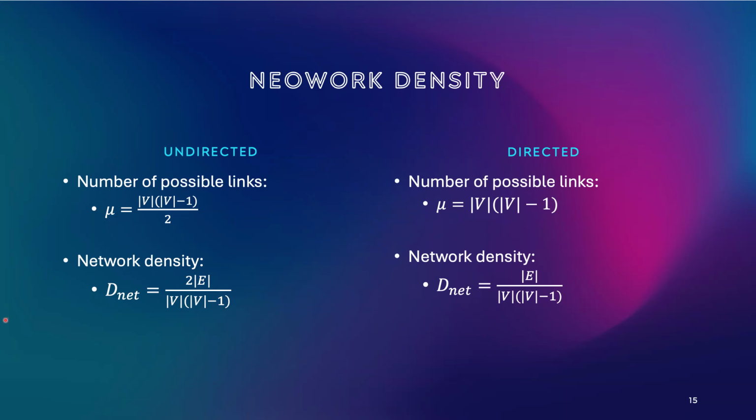It is crucial in network analysis because it provides insights into the overall connectivity of the network. A network's density is calculated as this ratio of existing edges, so actual connections, over the maximum possible edges, so potential connections, and it has values ranging between 0 and 1. A value closer to 1 indicates a highly interconnected network, and a value of 0 indicates a sparse network with few connections.